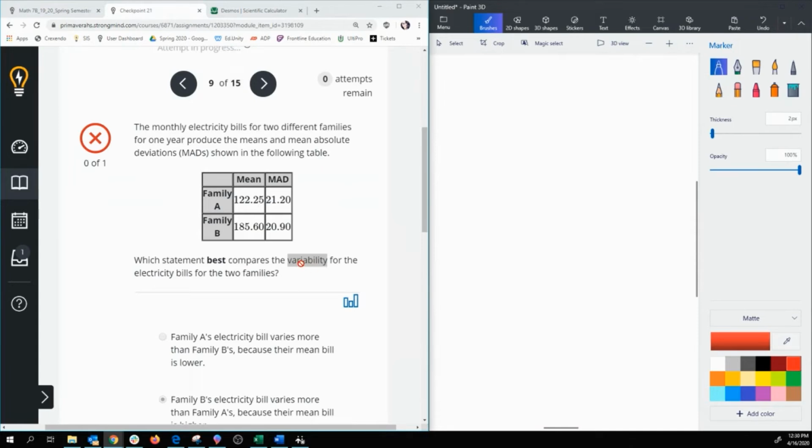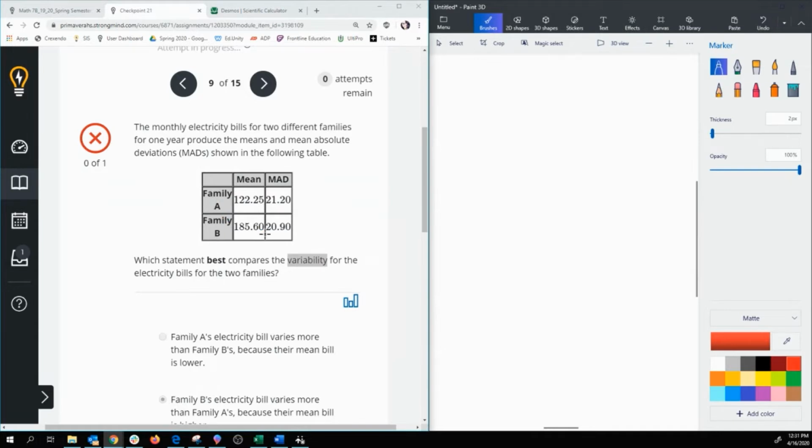If I'm asked about variability, do I care about the mean or do I care about the MAD? The MAD, perfect. And if I look at the mean absolute deviations for both of these families, family A is 21.2 and family B is 20.9.